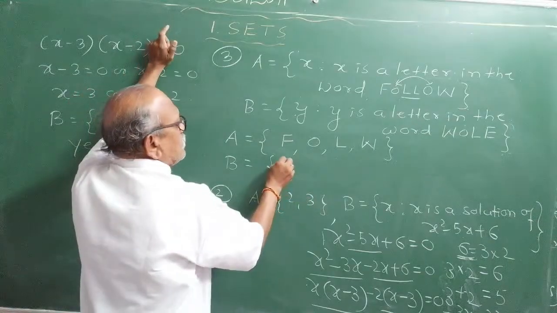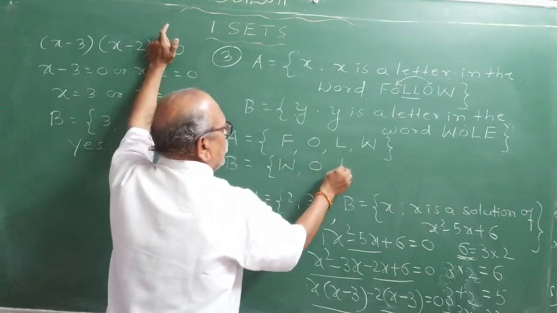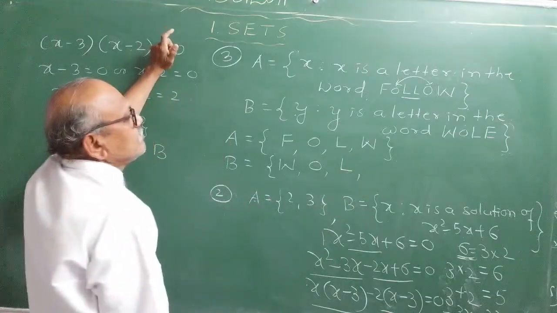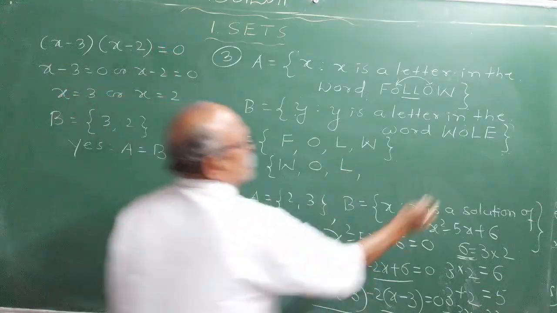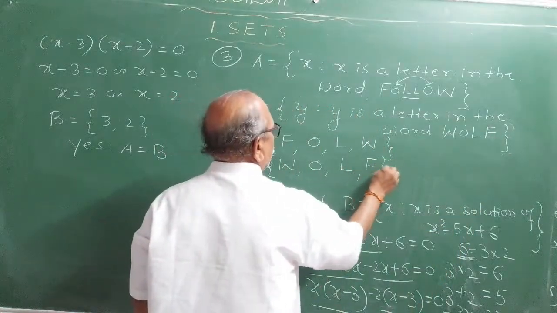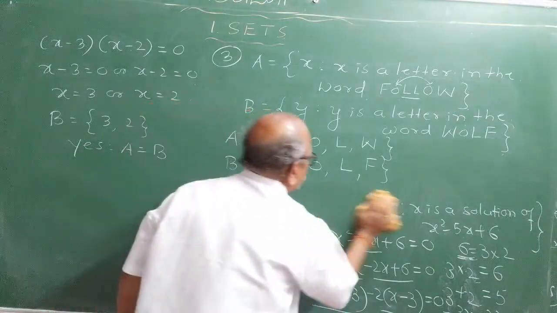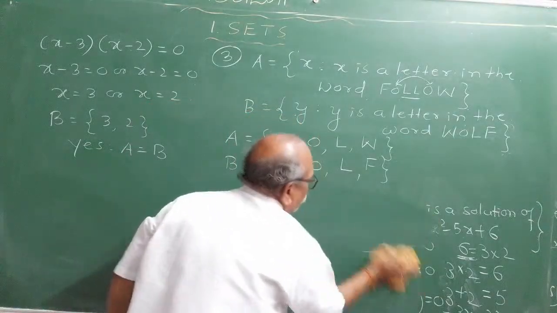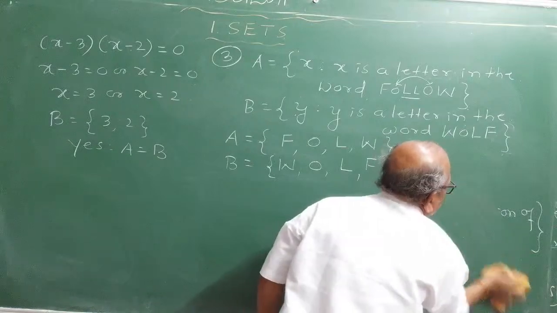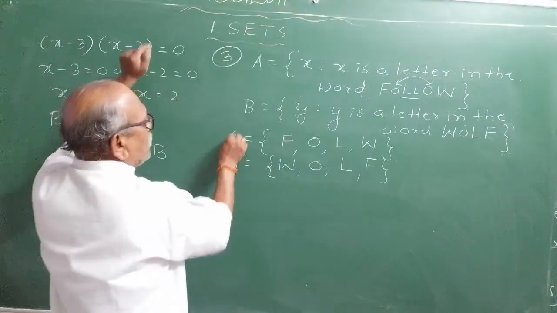Similarly, write B in roster method. What are the letters? W is there only once. O is there. L is there. F is there. Now observe both A and B. Are they equal?